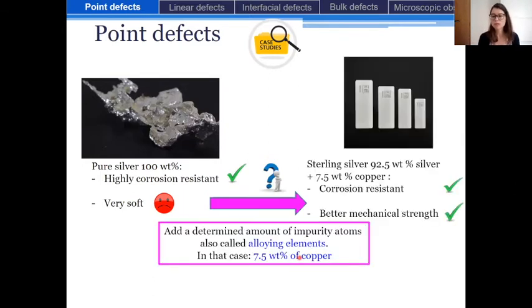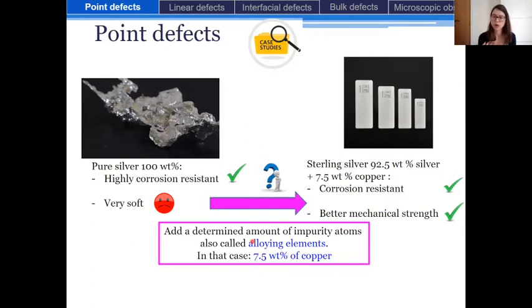And so a possibility is to incorporate a small amount of copper, precisely when we add 7.5 weight% of copper. So we keep the good corrosion resistance of silver, and we improve the mechanical strength. So here we add a determined amount of what we call impurity atoms.